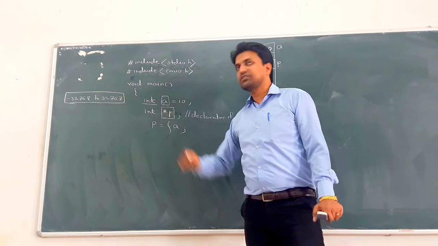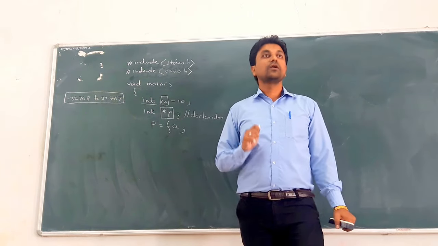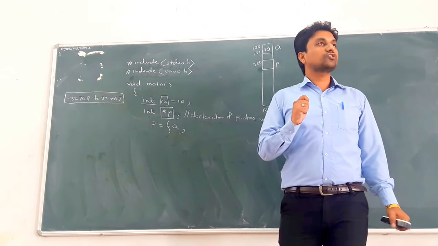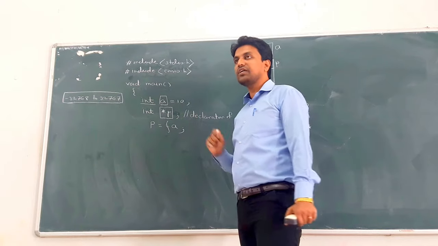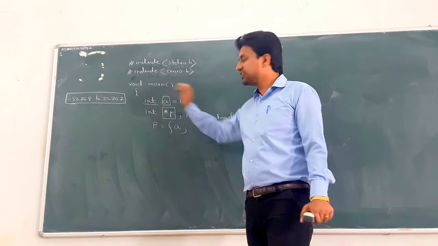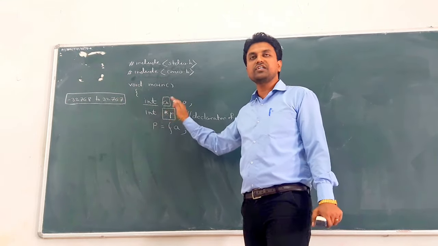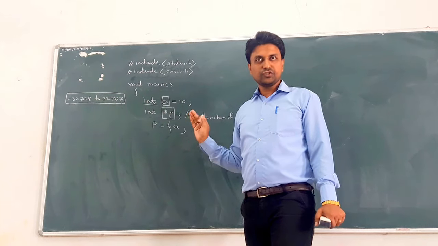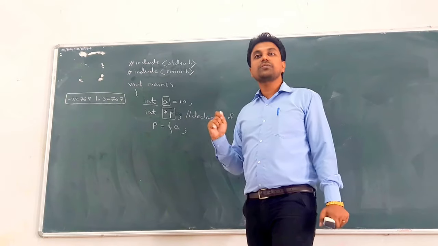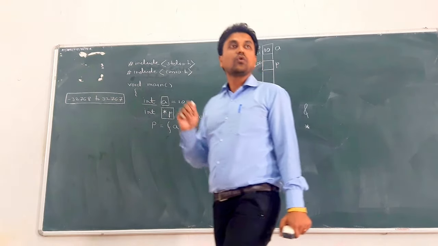Now, how many bytes are reserved for the pointer type of variable? What does a pointer store? A pointer stores the address of another value variable. If it is an integer pointer, it stores the address of another integer type of variable. If it is a float pointer, it stores the address of another float type of variable. Understood? So, how many bytes are reserved for the pointer type of variable? Only 2 bytes.